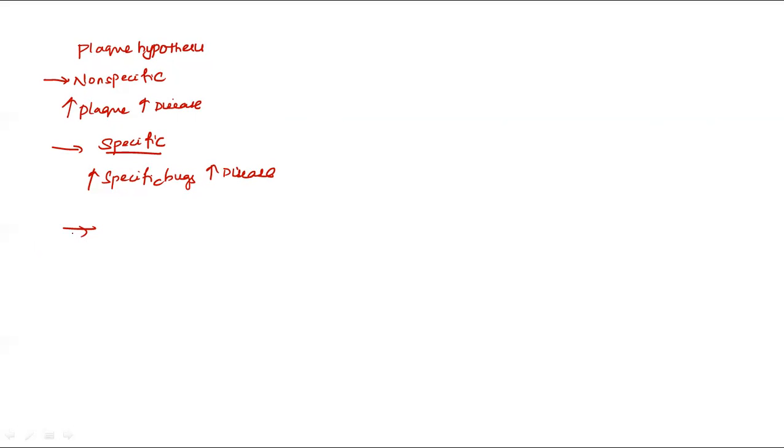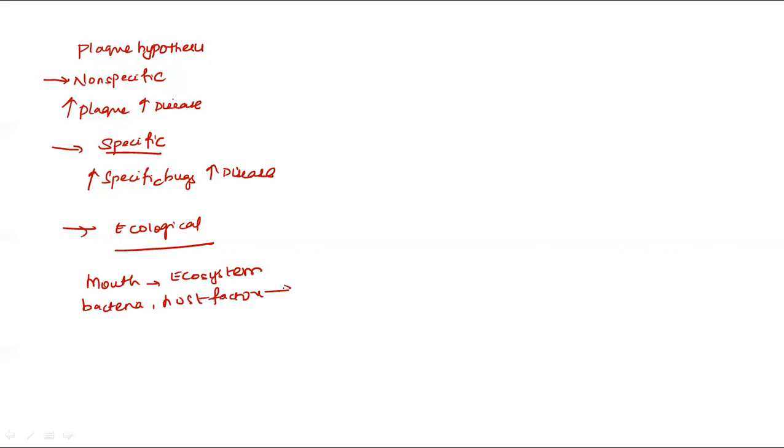Now, coming to the third hypothesis. The third hypothesis is the ecological plaque hypothesis. Okay, here they believe that the mouth is an ecosystem, and bacteria and host factors such as smoking, diabetes, everything contributes to plaque.